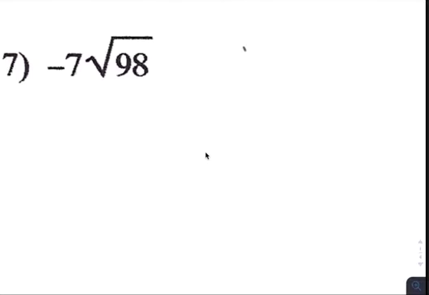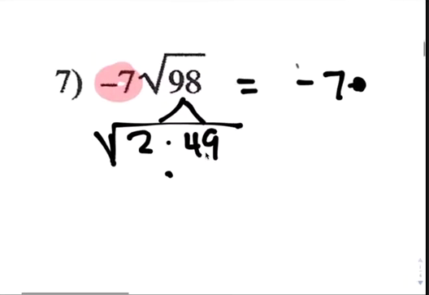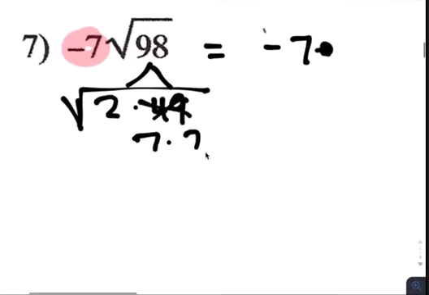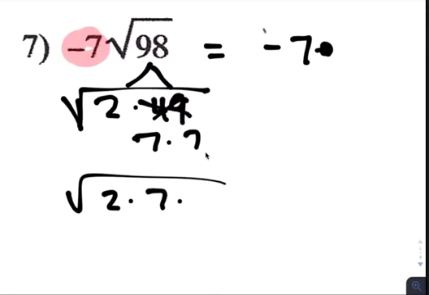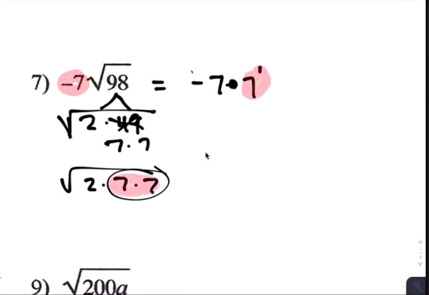Okay, so you got negative 7 here times whatever this is, 2 times 49. Okay. Two times, and then this is 7 times 7. So you get 2 times 7 times 7. So 7 to the first, square root of 2.